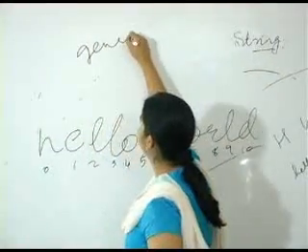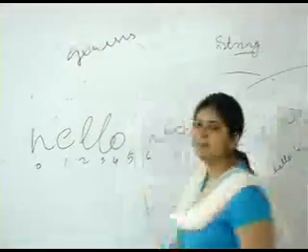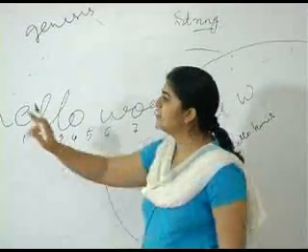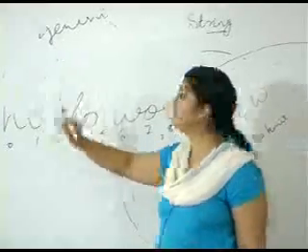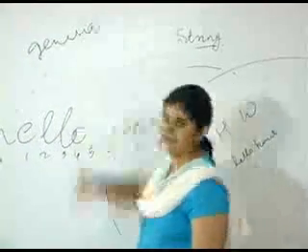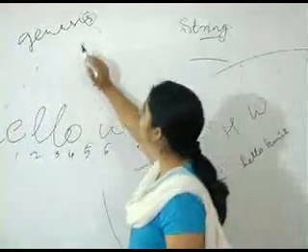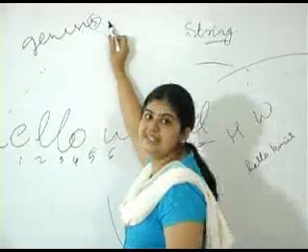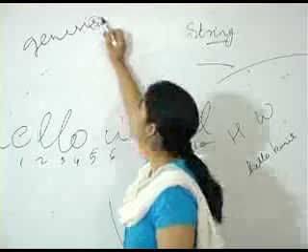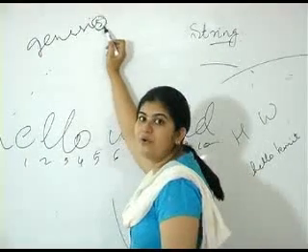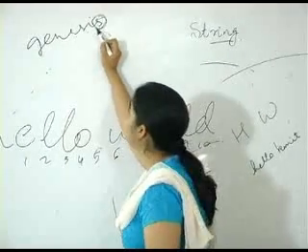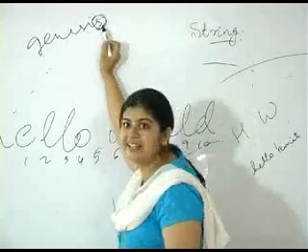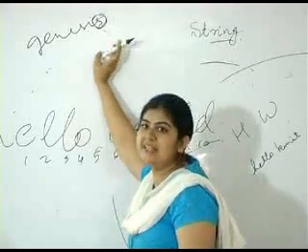If I am giving Genesis, this is my word, and I say just give me the last index of character S. Genesis, the last occurrence is where? The last letter. So whatever the index of this particular last letter is, I'm going to give that as the index.